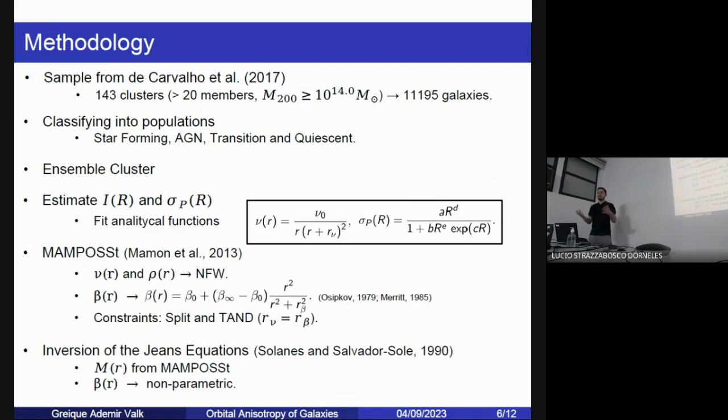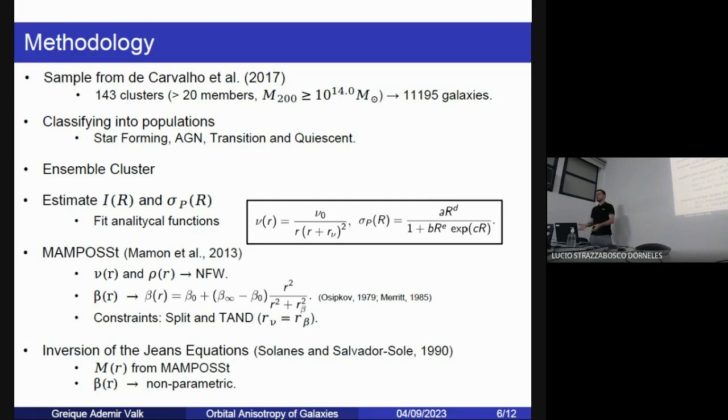We normalize the projected distance and the velocities of each galaxy to put all the galaxies together to create pseudo clusters that we call ensemble clusters. We estimate the observable profiles of the projected numerical density and sigma p. We fit analytical functions to these profiles, these functional forms here.